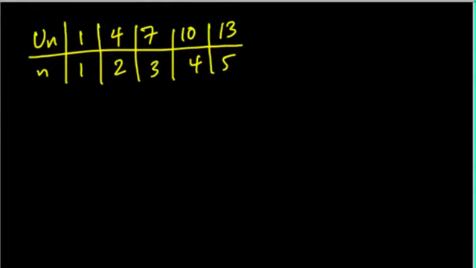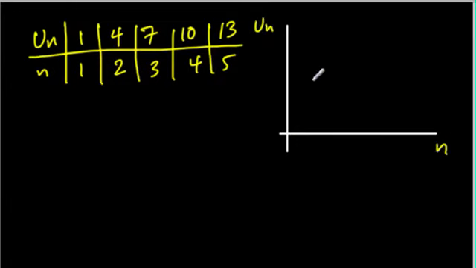Imagine that we actually graph this, with n on the horizontal axis and un on the vertical axis. This is 1, our first point.